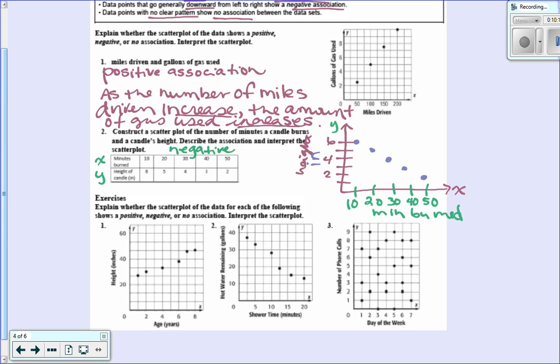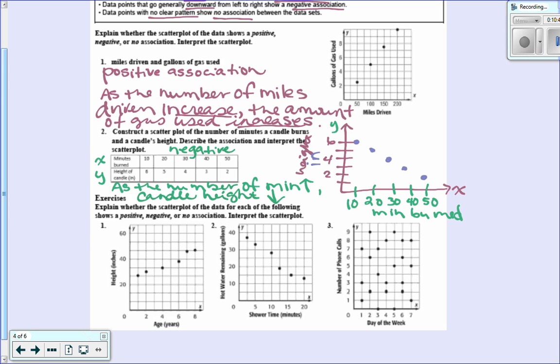Good, so the longer the candle burns, the height decreases. As the number of minutes increases, candle height decreases. And I used arrows there, I didn't have enough space.